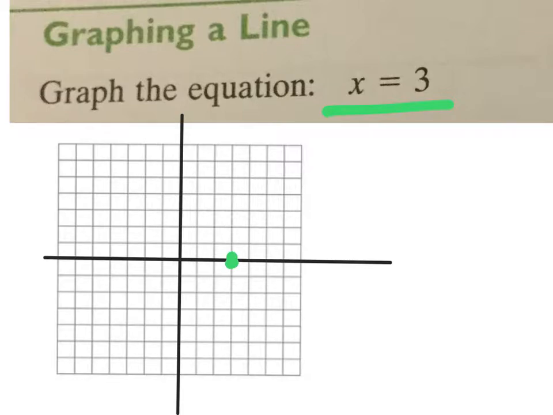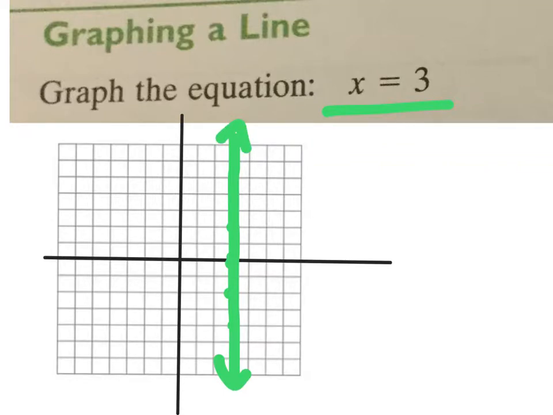Well, if you think about it, say if I pick this point here, what's that ordered pair? (3, 2). What's x equal to? 3. Do you get that? Same here. That's (3, -2). (3, -4). All of these are places where x is equal to 3. So my line is going to be a vertical line.